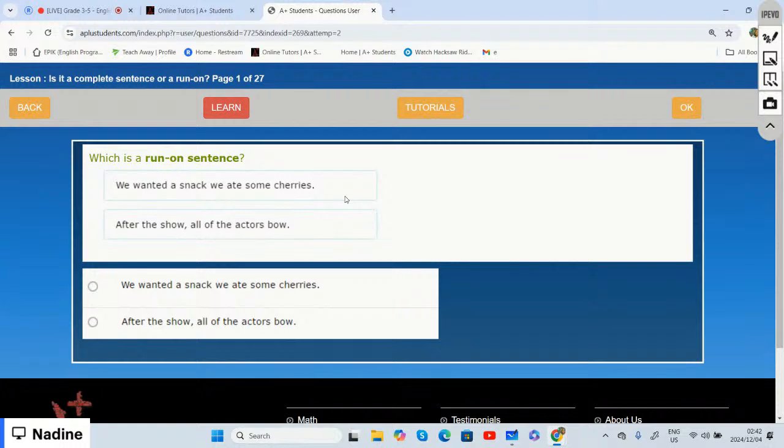And if we were to select the correct option, then we could say it's option one. Because we can separate that sentence by saying, we wanted a snack, period. We ate some cherries. So option one is a run-on sentence.